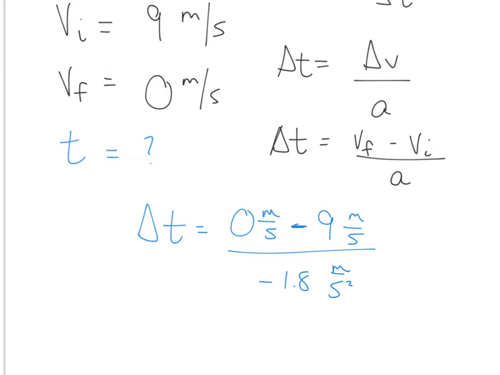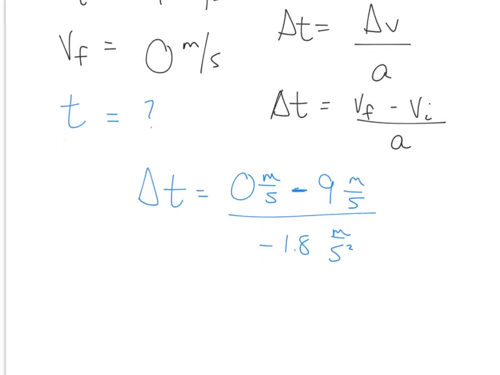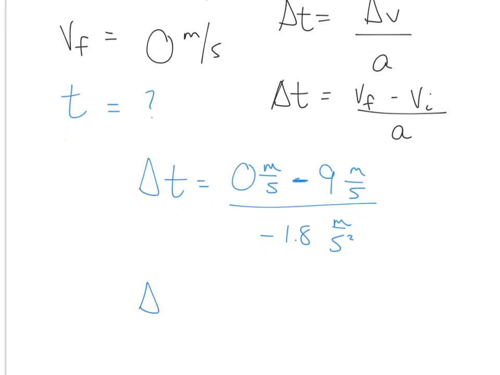Yep, 5 what? Seconds. How do you know it's seconds, Natalie? Because if you cancel everything out, you're left with seconds. Yes, you're right. When reducing dimensions, you get seconds. You should know time is measured in seconds because everything's in standard units right now.